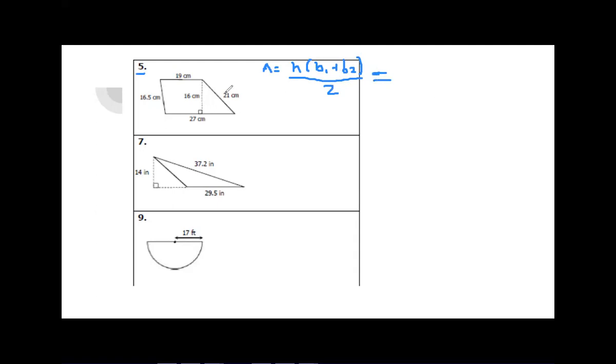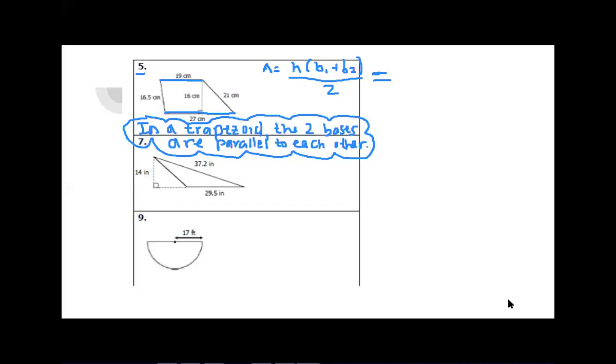Okay, so before we start on this trapezoid, we need to identify the bases. It doesn't matter which one you choose as base 1 or base 2, but in the trapezoid, the bases are going to be parallel. Okay, so that's something that you may want to write down. In a trapezoid, the bases are going to be parallel. All right, so here's our little note. In a trapezoid, the two bases are parallel to each other.